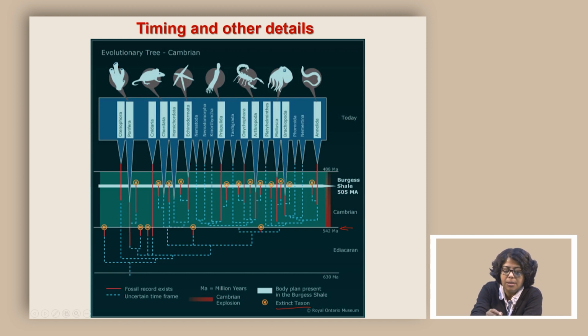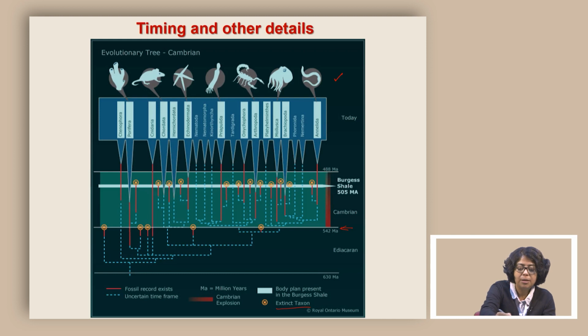But then these are the groups that we find today, and among these groups, if we now trace back how many of them had their ancestor during Cambrian, what we will find is the majority of them appeared during Cambrian.